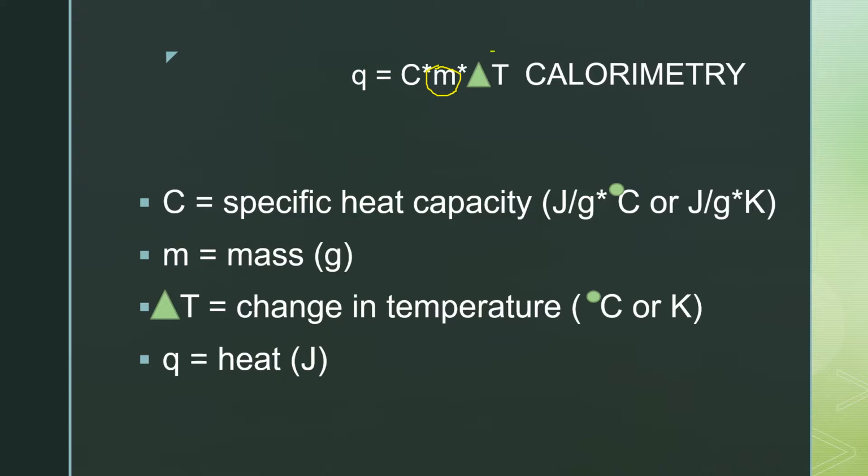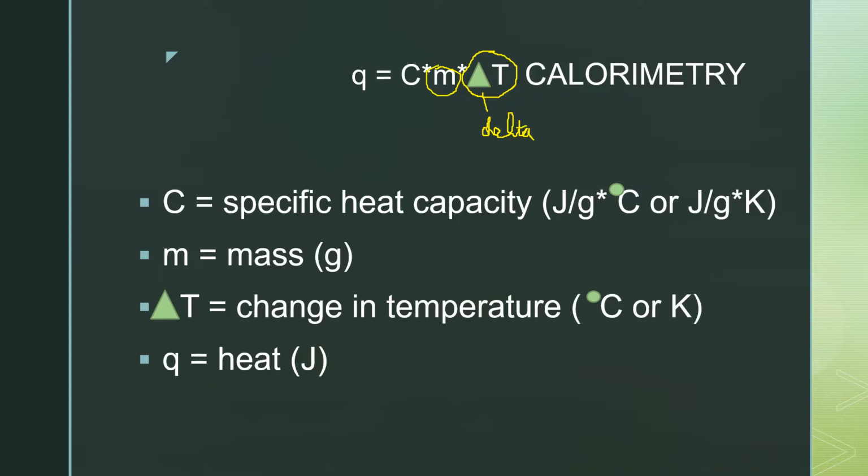And then that delta T, that triangle T, remember we said in the first video, you can put a triangle in front of anything, and it just means the change in the amount of whatever you put the triangle in front of. The triangle is called delta. So this is going to be the change in temperature, since the triangle is in front of the big T for temperature.